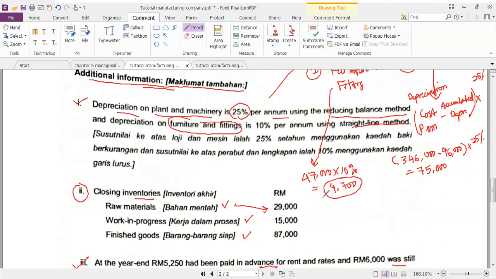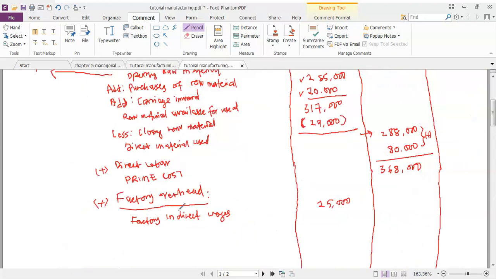So we should put inside the factory cost or not? What do you think? Kita kena masukkan tak depreciation of the furniture and fitting dekat dalam factory overhead? Kena masukkan ke tidak? Okay, what is your opinion? Yes or no?